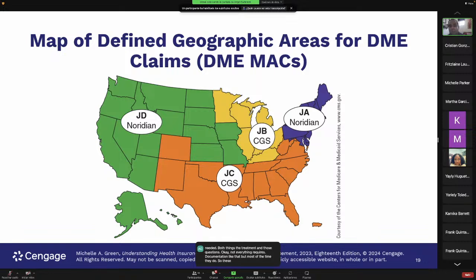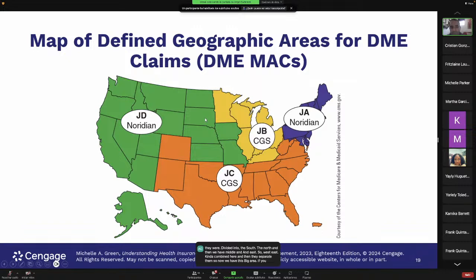So these are the MACs for DMEs. Basically, they were divided into the south, the north, and then we have the middle and east. So west and east are kind of combined here, and then they separate them. So now we have this big area.